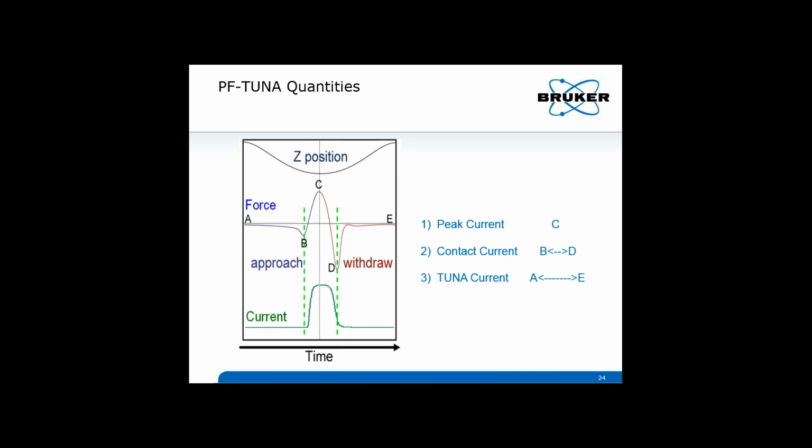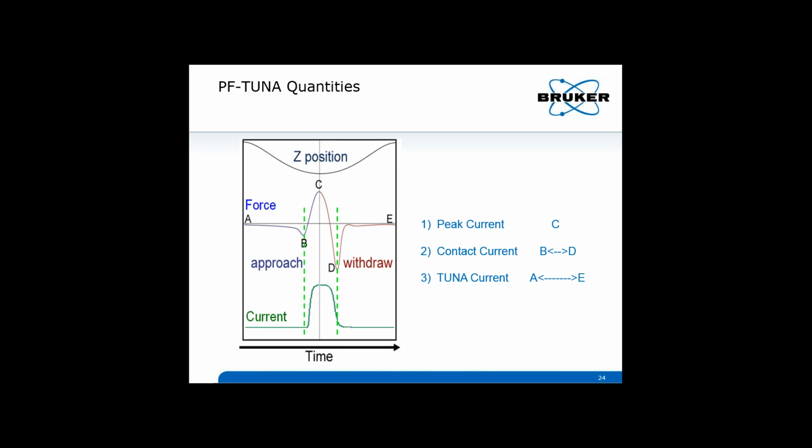At point B, which is the snap-in point, the attractive force overcomes the probe stiffness and comes into contact with the sample. When the Z piezo moves toward the sample surface, the force becomes bigger and bigger. At point C, the tip-sample force becomes the maximum. And we use the feedback of the system to maintain the maximum force.